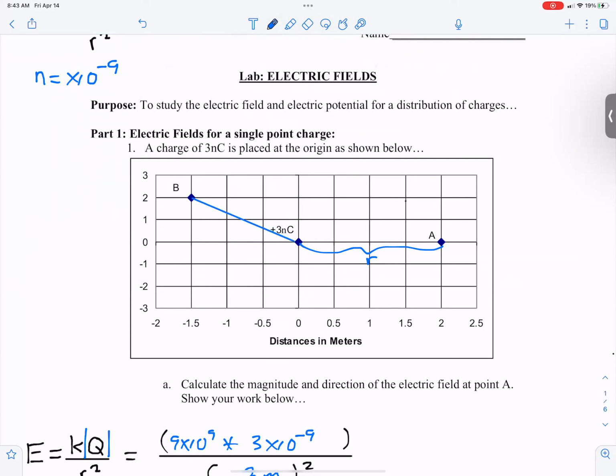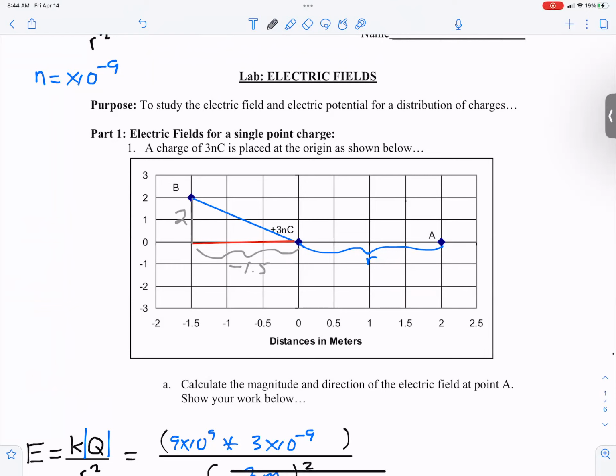Okay, now how do we find that distance? Well, we have this distance here, and we have this distance here. This distance here is in the negative 1.5 direction. This distance here is positive 2.